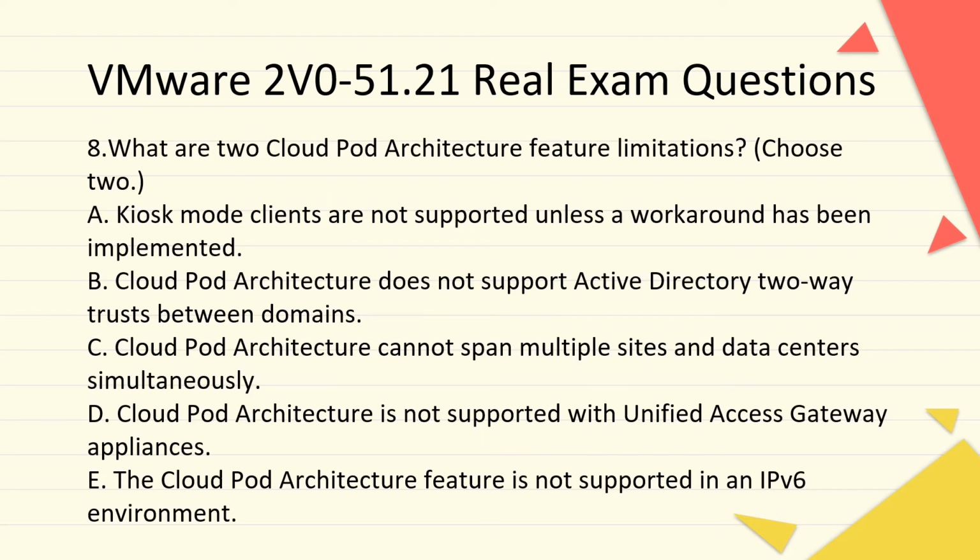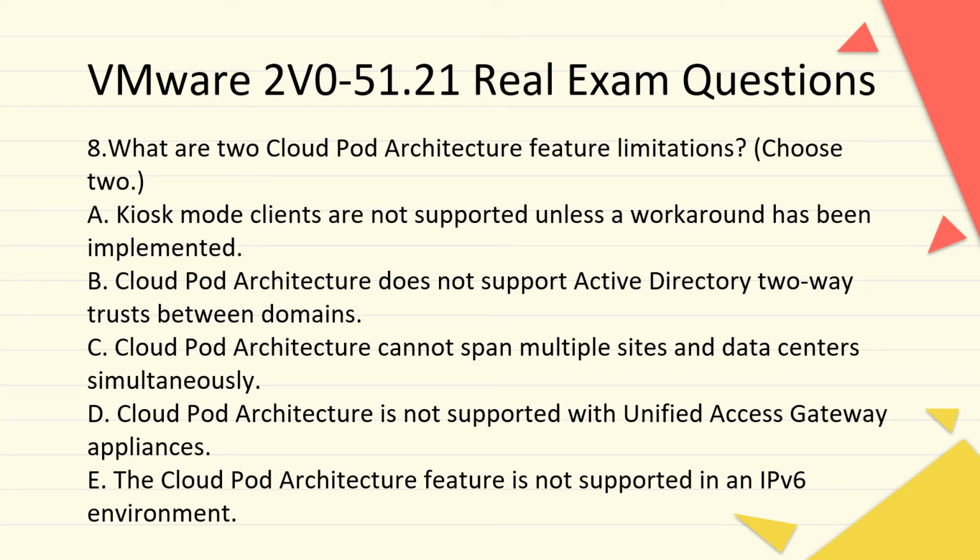8. What are two cloud pod architecture feature limitations? Choose 2. A. Kiosk mode clients are not supported unless a workaround has been implemented. B. Cloud pod architecture does not support Active Directory two-way trusts between domains.